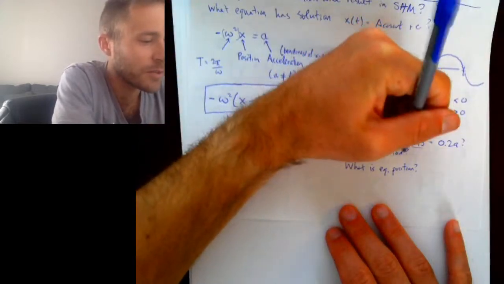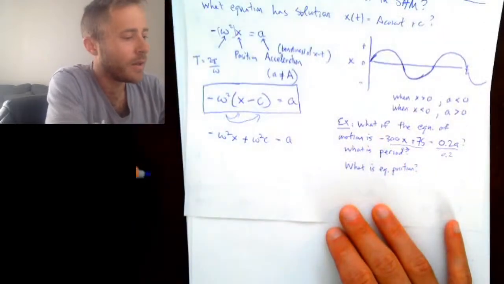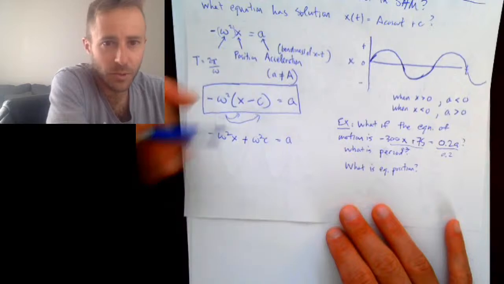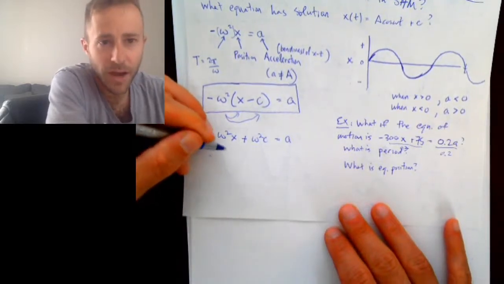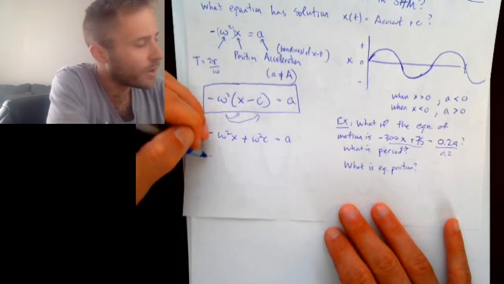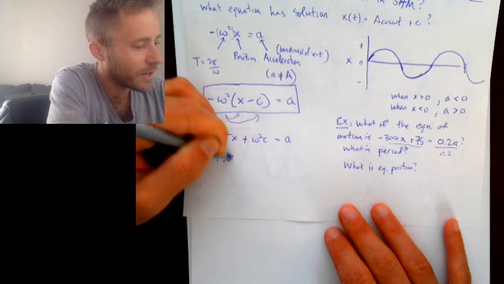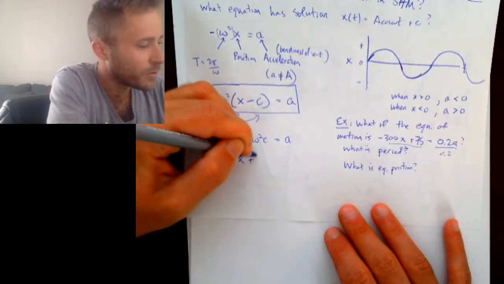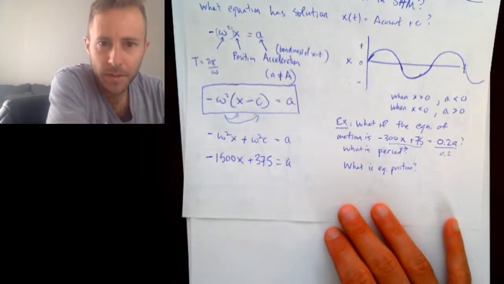Dividing by 0.2 is the same thing as multiplying by 5, excuse me. So the equation becomes minus 1500x plus 375 equals a. All right?